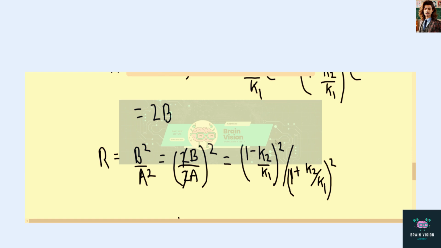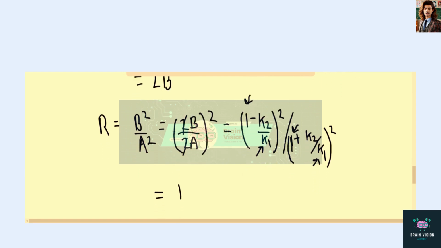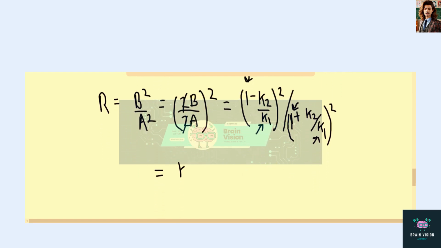If we put k1 as a common denominator with the 1 here, then we're going to have the following expression for R: k1 minus k2 over k1 plus k2.